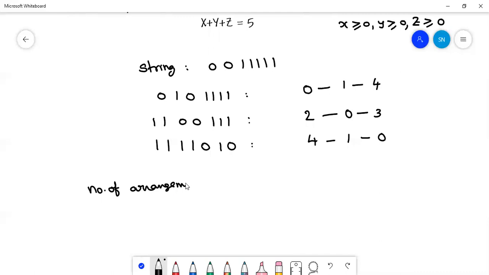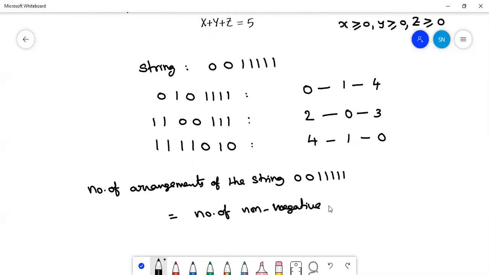Number of arrangements of the string 0, 0, 1, 1, 1, 1, 1 with 5 ones is equal to exactly the number of non-negative integral solutions.